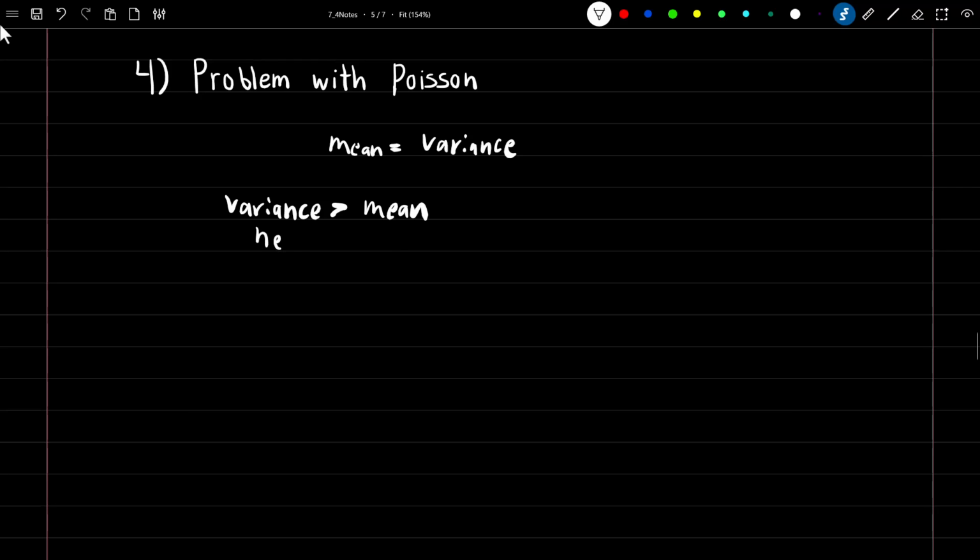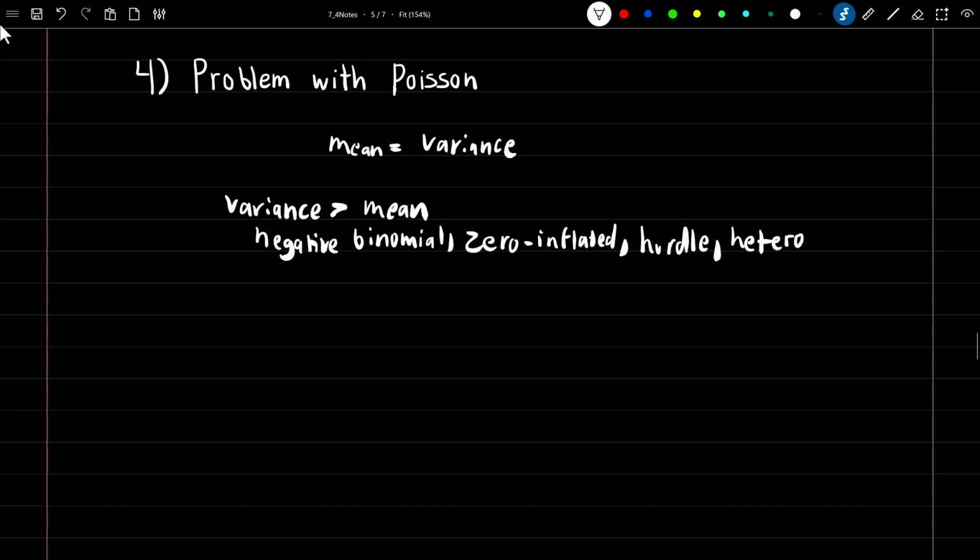We can use the negative binomial model, the zero-inflated model, the hurdle model, or the heterogeneity model. And when this variance is greater than mean, this is also known as over dispersion.